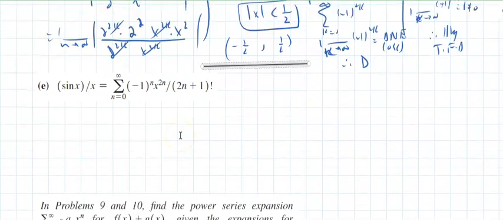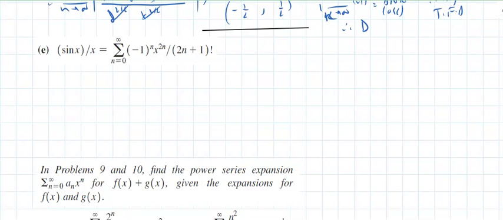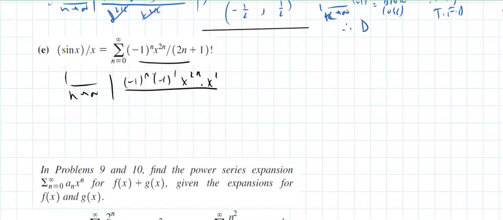If I want to know the sign of x over x, well, I'll take the limit as n approaches infinity, and here they worked it out for me. That's pretty good. Negative 1 to the n plus 1, x to the 2n times x squared, divided by, if you put an n plus 1 in there, that's 2n plus 3 factorial, divided, that means you multiply by the reciprocal.